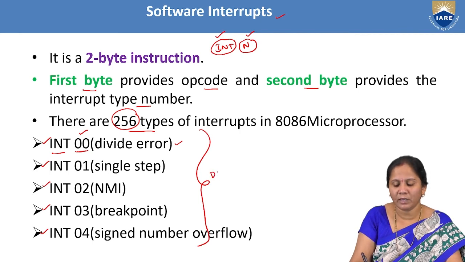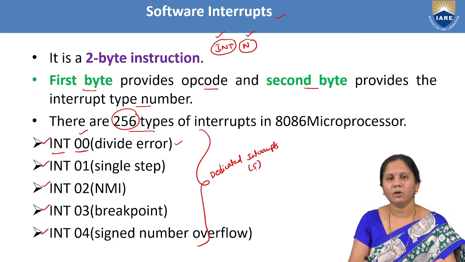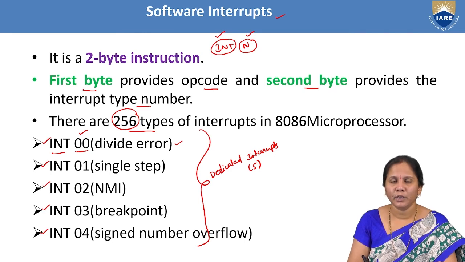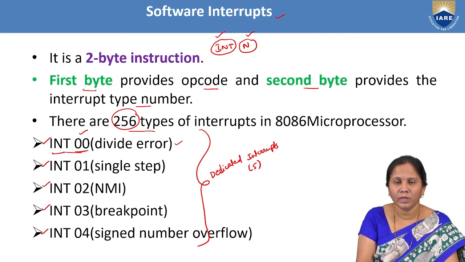These 5 interrupts are called dedicated interrupts. Why are they called dedicated interrupts? Because each interrupt has its own dedicated operation. If we consider INT 00, that particular interrupt's dedicated operation is divide error.